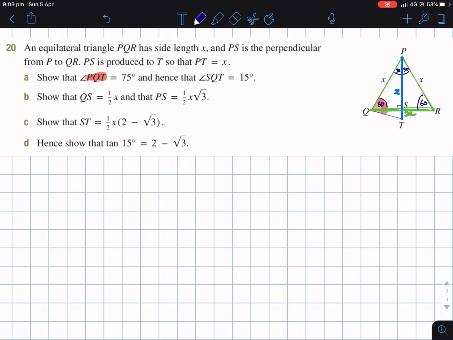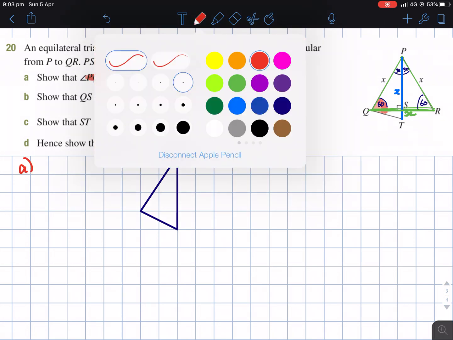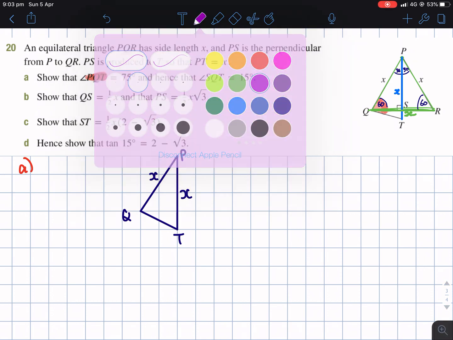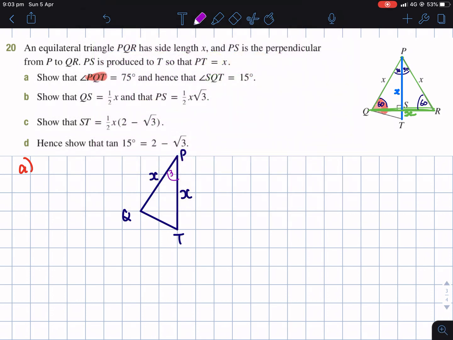So if I draw the triangle PQT, so this is A. If I draw that triangle PQT, we know this length is X, and we've also been told this length is X. And we know that this top angle is 30. And we know that across here, this bit is 60.